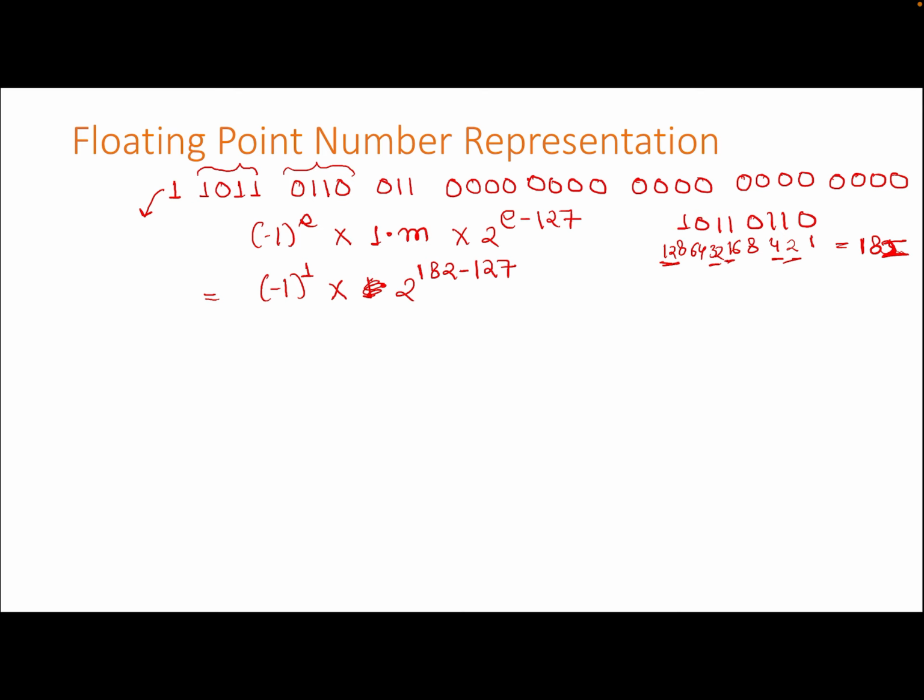This is my mantissa part, represented like this: 1 point, and the mantissa 011. This is the normalized representation according to the formula: the mantissa is written as it is and the 1 is implicit. So 1.011.